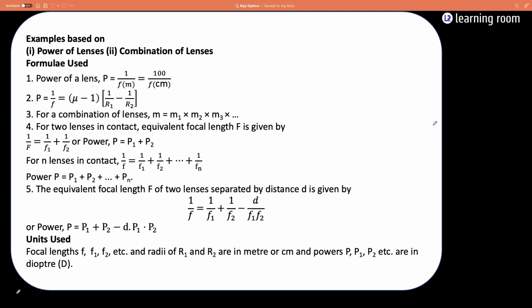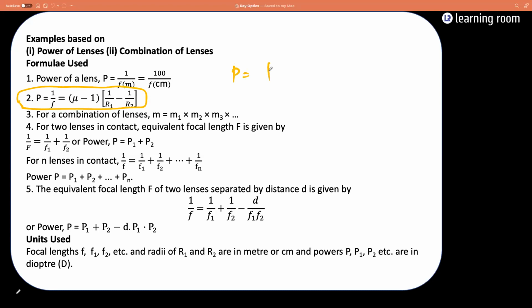Okay. So the next question is based on power of lens. What is power of lens? It is defined as the reciprocal of focal length, 1 divided by f, or it is also written as 100 divided by f if f is taken in centimeters.